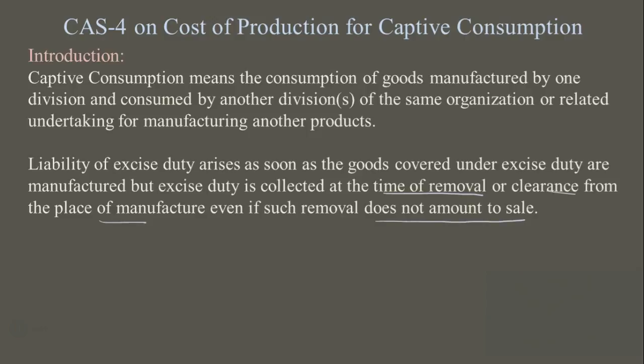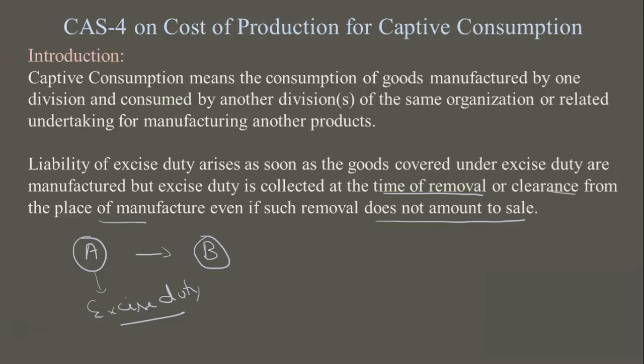Basically, suppose we are producing electricity in unit A and we are consuming it in another unit B of the same company. So whether A has to pay excise duty or not? Definitely they have to pay excise duty, even if it does not amount to a sale.